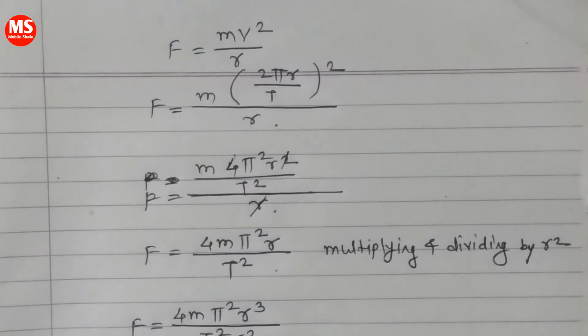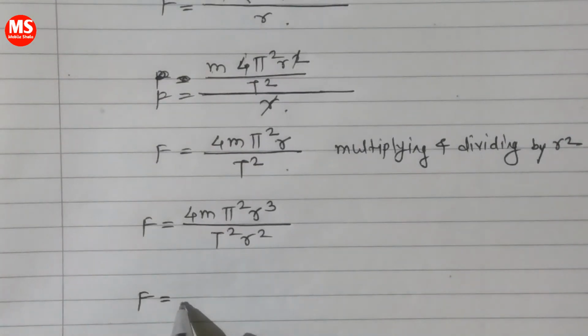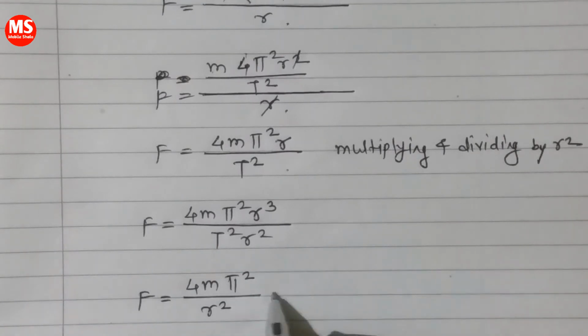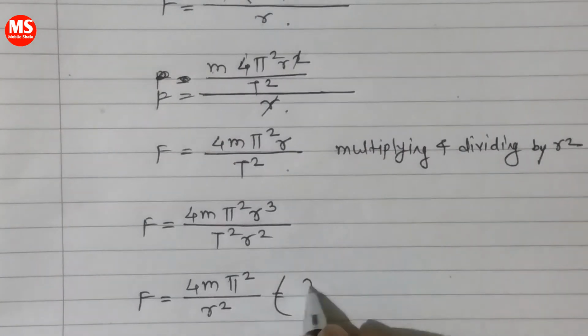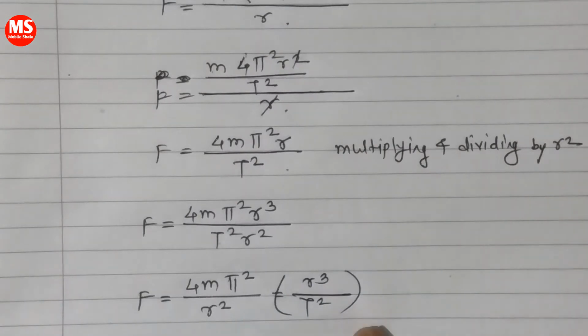So F is equal to 4m pi square upon r square into r cube upon T square.